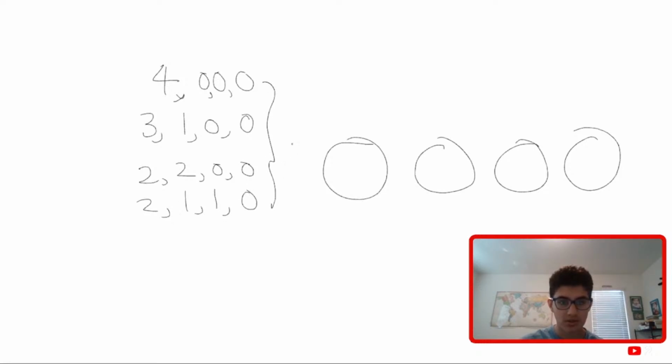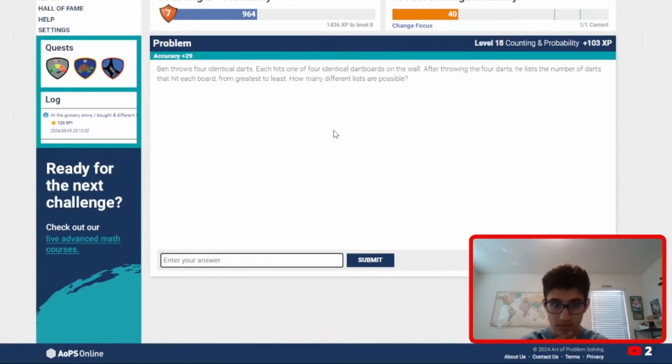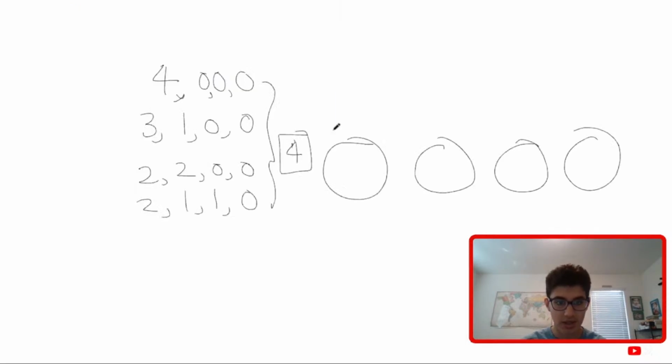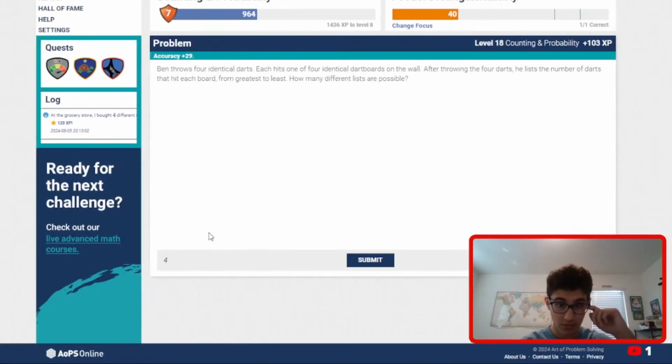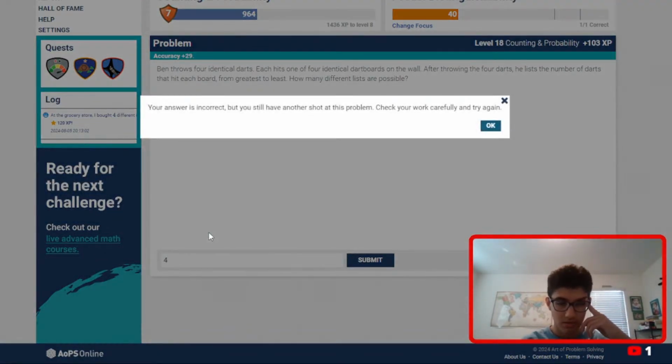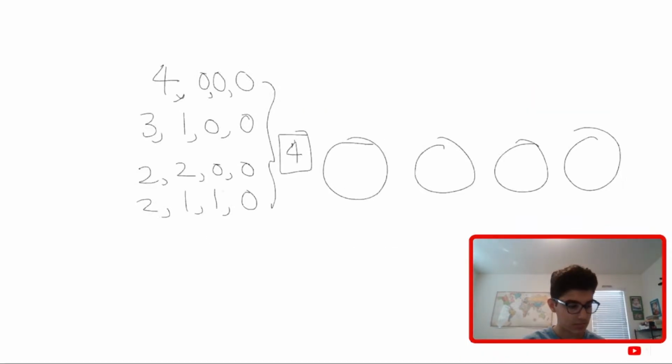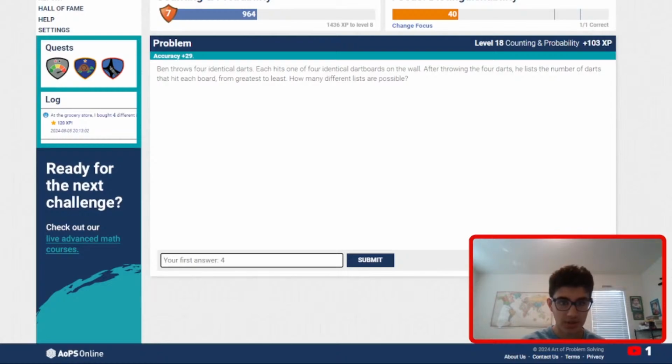So this is just four different ways: 4, 0, 0, 3, 1, 0, 0, because you're doing it from greatest to least in descending order. So this is it. I'm going to put in 4. I'm not 100% sure, but come on. Wrong again. So is something here not possible?